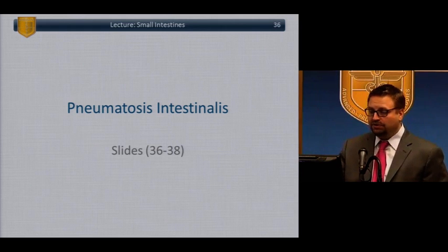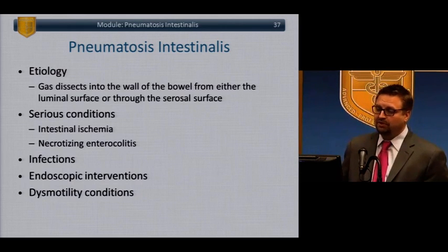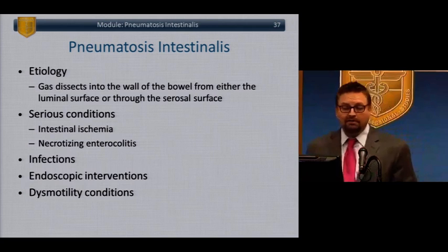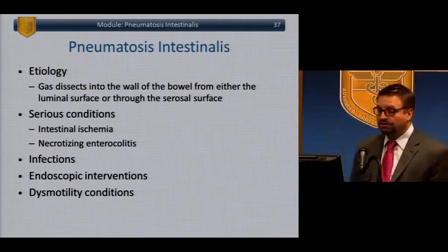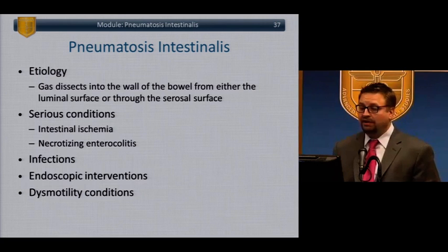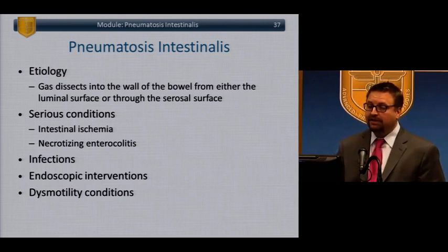Okay, pneumatosis. Sometimes you may see a question about that. So pneumatosis intestinalis, as you know, is gas dissecting into the wall of the bowel from either the luminal surface or through the serosal surface. Sometimes this will be associated with abdominal catastrophes like intestinal ischemia. Dead bowel will sometimes be apparent by pneumatosis on their imaging.